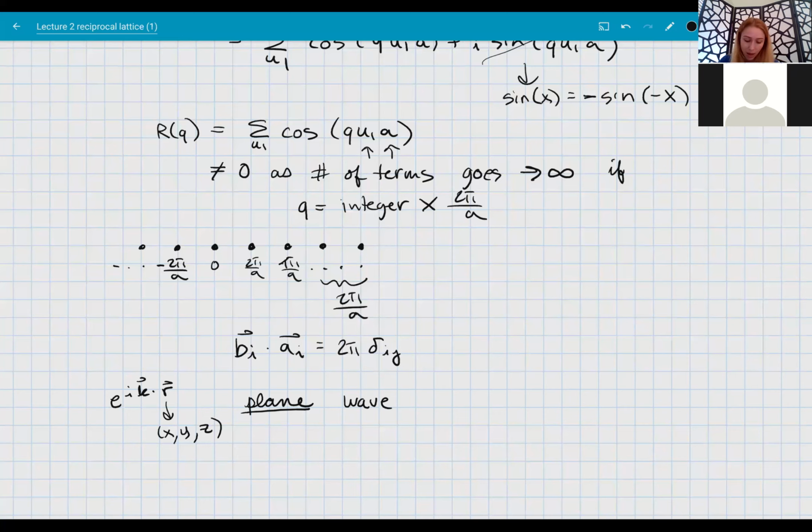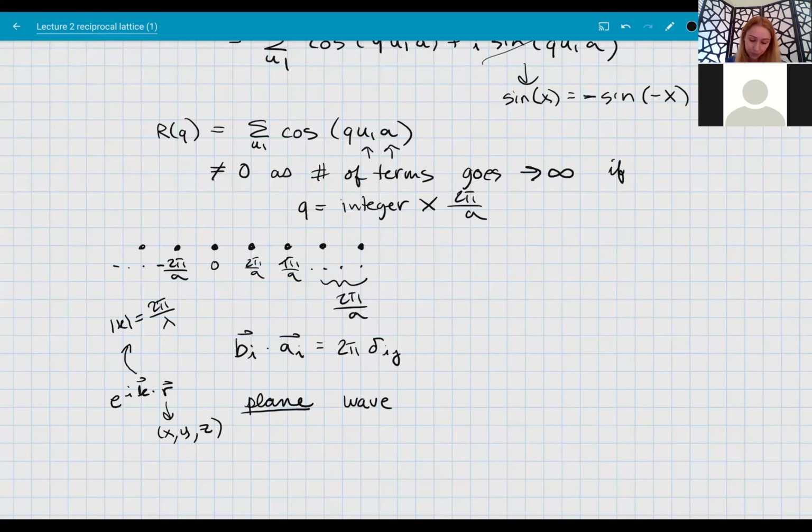We will come back to this concept in a little bit, but just as a reminder, the amplitude of k is equal to 2 pi divided by lambda. So it's encoding information about the wavelength from the magnitude, and then the vector direction tells you the direction the wave is traveling.